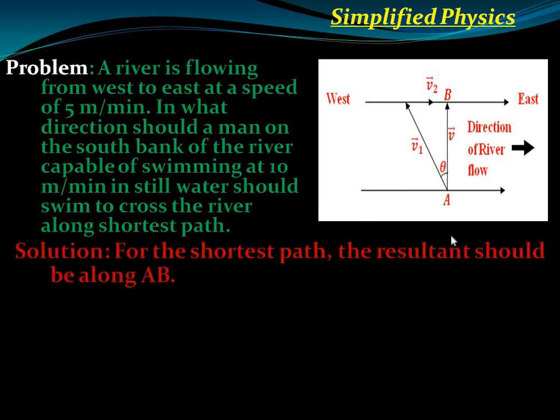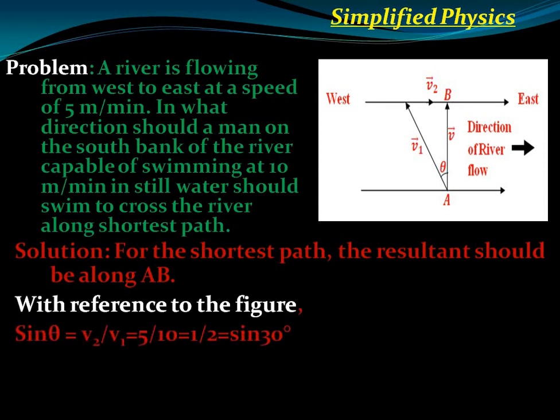For the shortest path, the resultant should be AB. The resultant velocity or relative velocity will be AB, and the boat should be rowed making an angle theta upstream, so that the boat crosses the shortest path AB despite the flow of the river. With reference to the figure, we can use sine theta equals V2 by V1, that is 5 by 10. V2 equals 5 meter per minute, because the river is flowing at 5 meter per minute, and V1, the velocity of the swimmer, is 10 meter per minute.